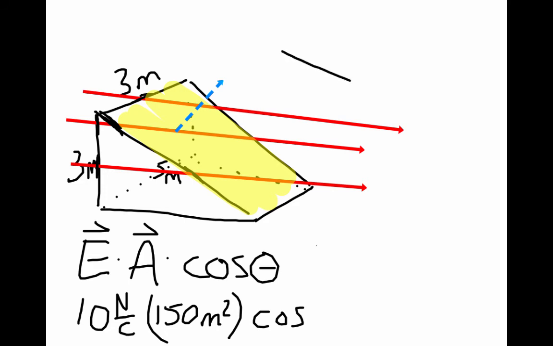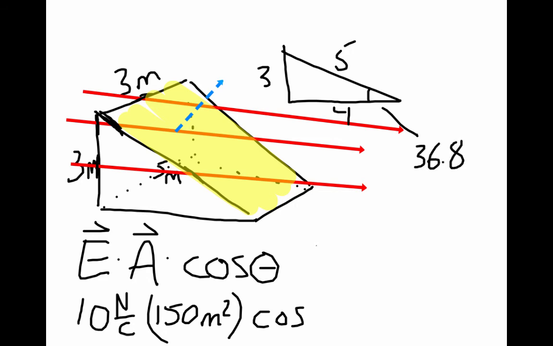So if I turn this on its side, I've got a 3, 4, 5 triangle, which makes this angle down here 36.8 degrees. And if I look at my area vector, it points away like this. Well, I don't need all the area. I just need the area that's going to point parallel with this electric field, as that electric field goes from the back end to the front end.